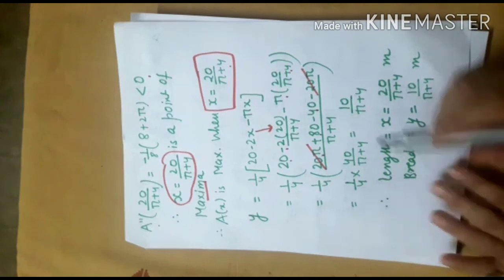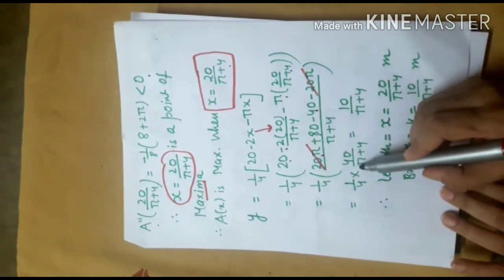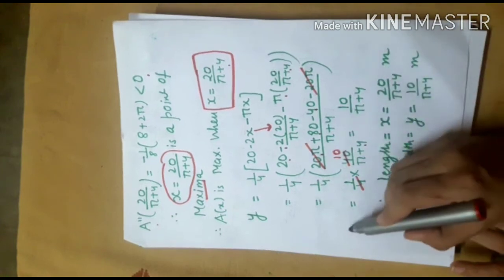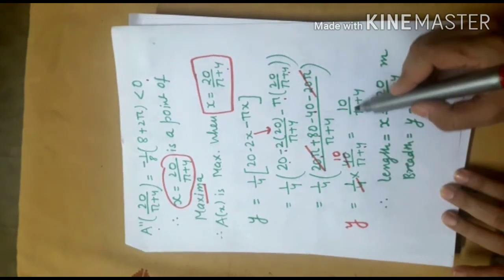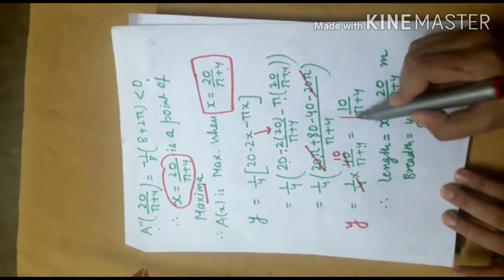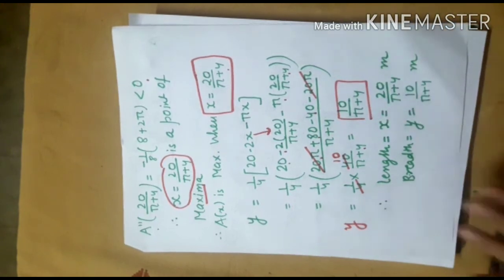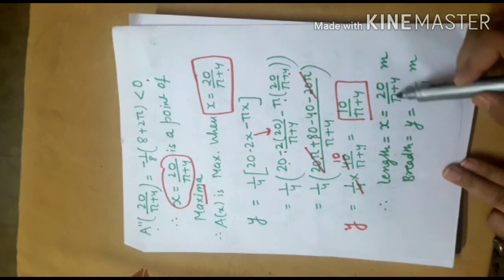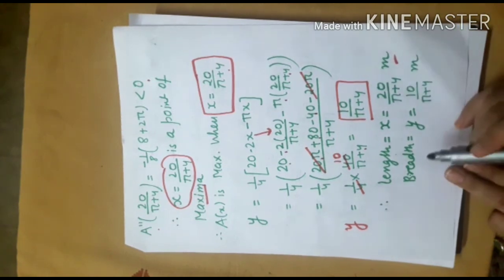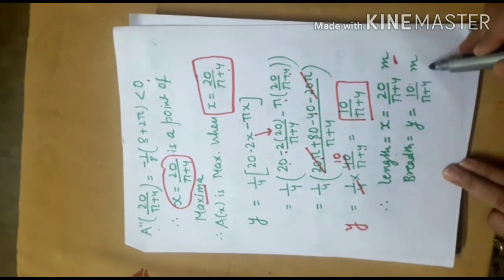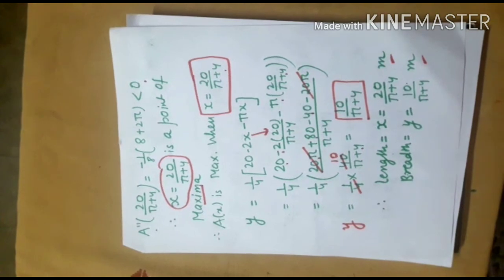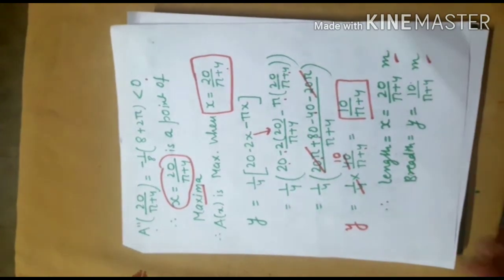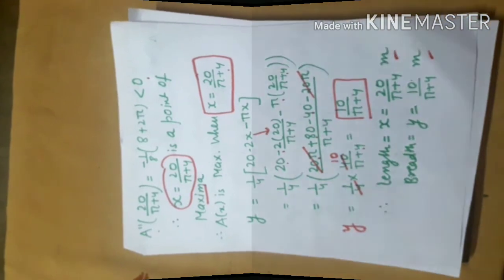This will get cancelled out. Here I'll get 40 over pi plus 4. This will get cancelled out. So y will be equal to 10 over pi plus 4. So the dimensions are, length is 20 over pi plus 4 meter, breadth is 10 over pi plus 4 meter. And when this happens, maximum light will enter the window.